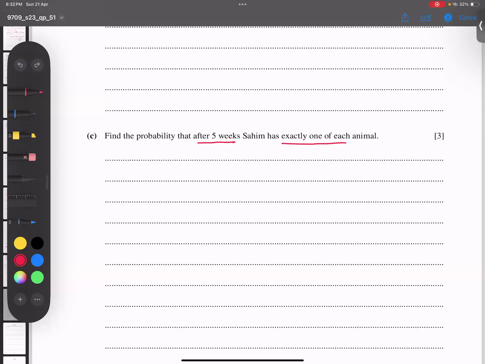So after 5 weeks means naturally we can say first week, second week, third week, 4th week, 5th week. And so what is the p? You know, p is 1/5, and q is 4/5.